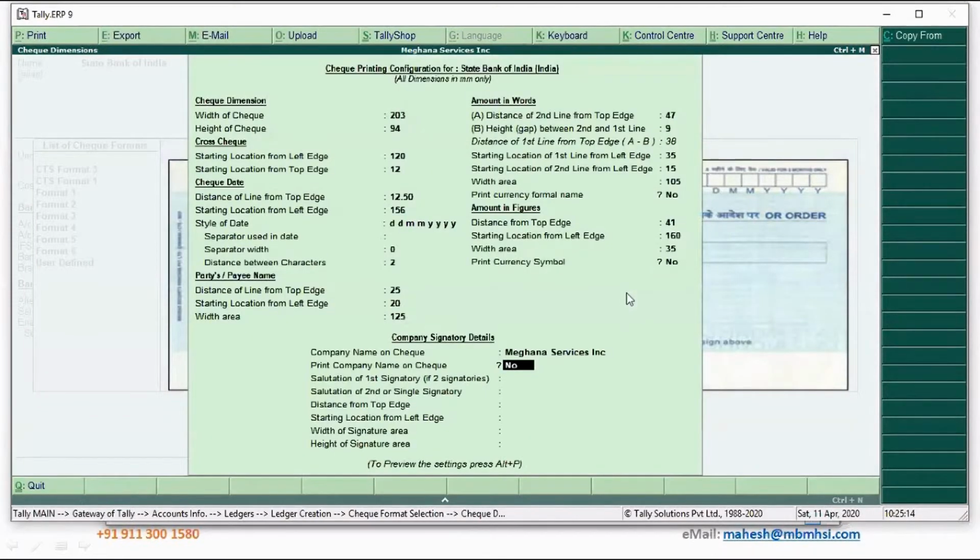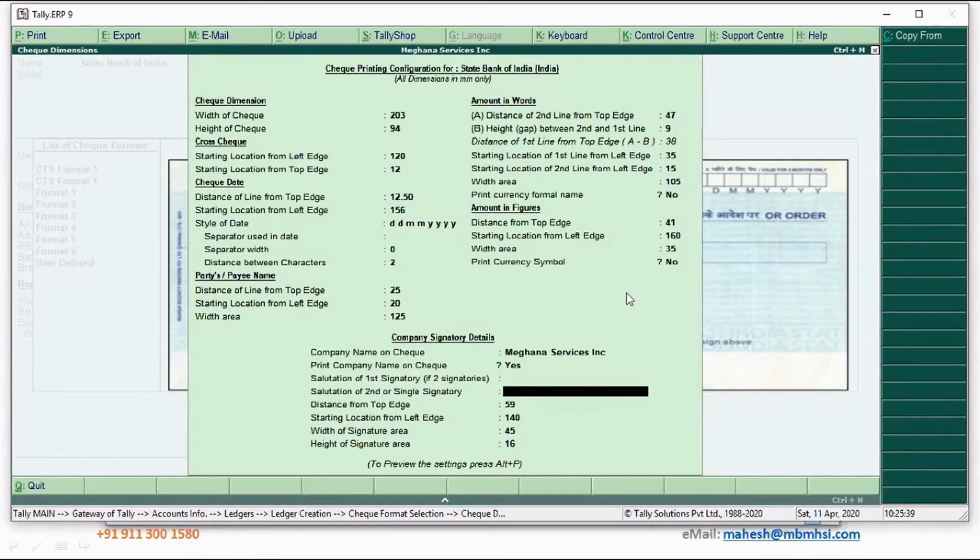You need to print the name on the check below. For example, if you want to say for Meghana Services Inc., you could specify that if it is not printed. Then salutation: if there are two signatories or a single signatory, you can say managing director or authorized signatory, all those things you could specify. Generally, nowadays in the checkbook all those things are already there.